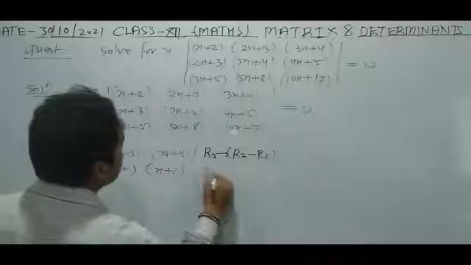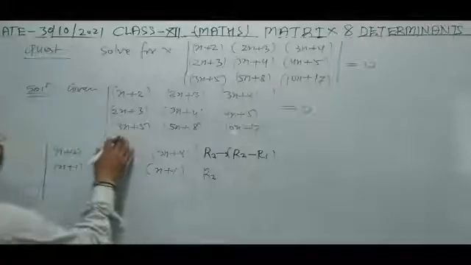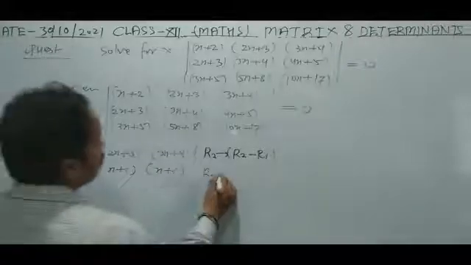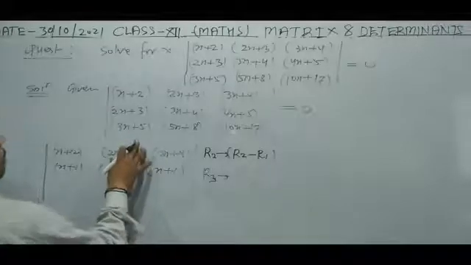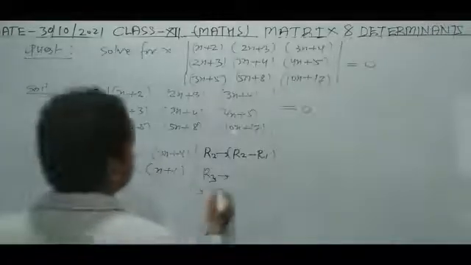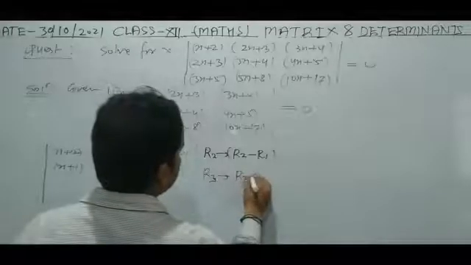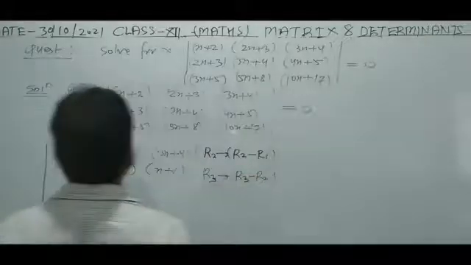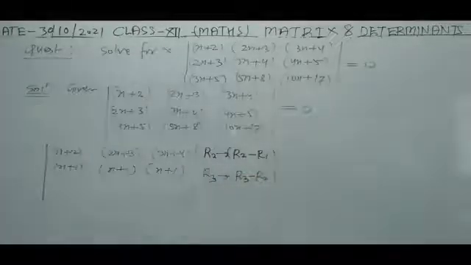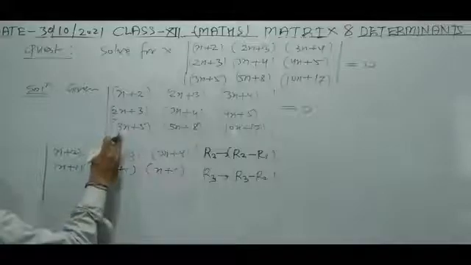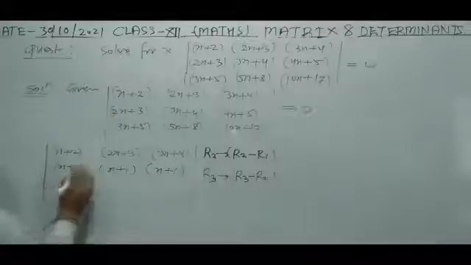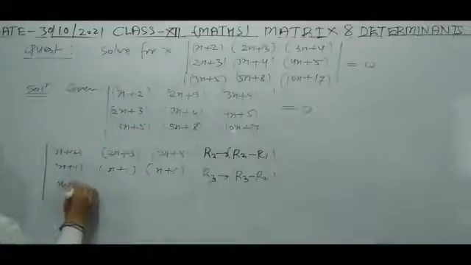And suppose I am going to solve R3. So R3 we can write R3 minus R2. So what we can get the value? R3 minus R2, 3x minus 2x, this is x plus 2.